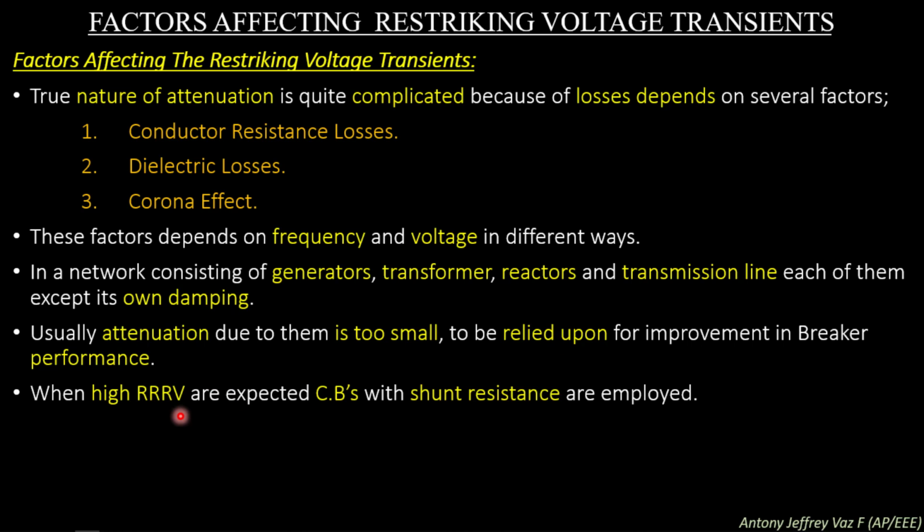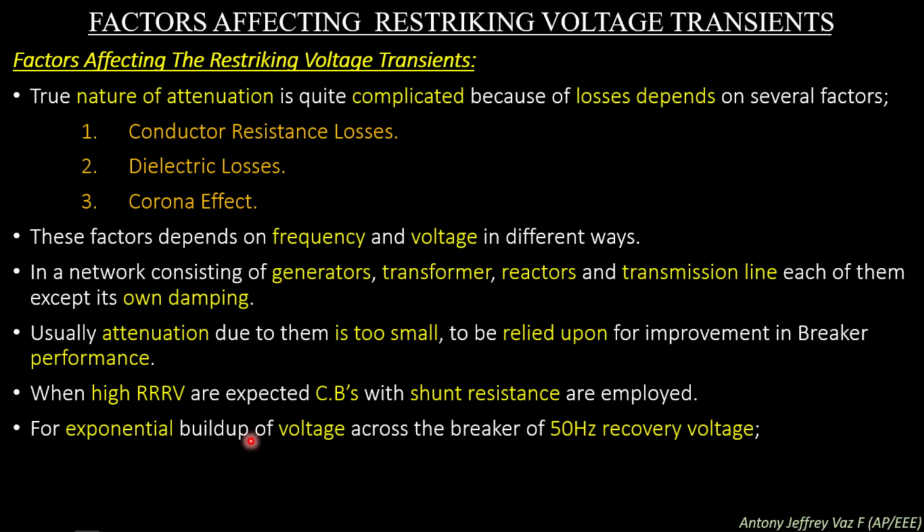When a high RRRV is expected, circuit breakers with a shunt resistance are employed. So to improve the damping effect of the breaker and to reduce the restriking voltage, we can insert a shunt resistor in parallel or series with the circuit breaker to reduce the rate of rise of restriking voltage transient and also the peak restriking voltage.